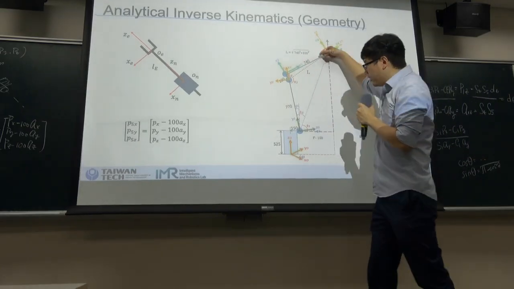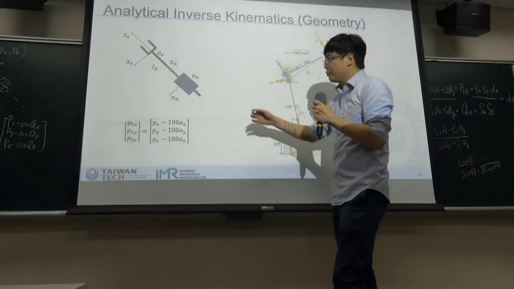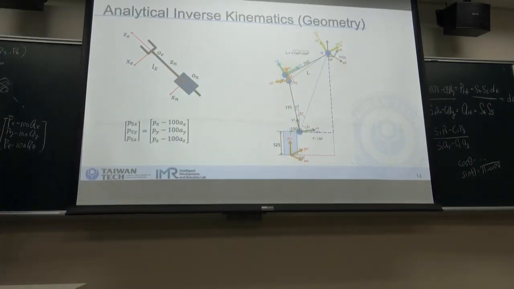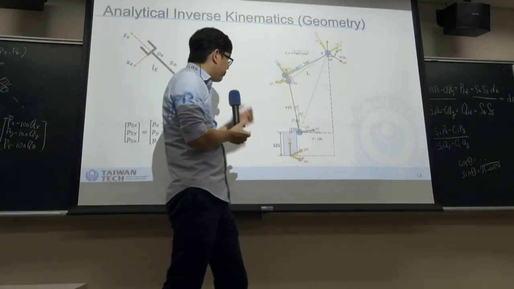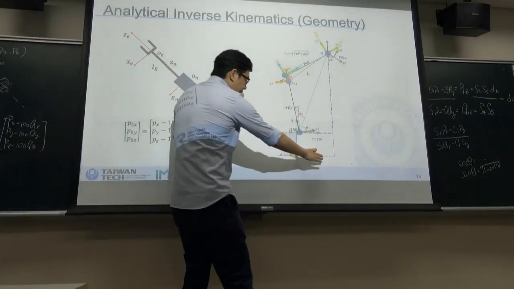And we need to project it onto our XY plane, because we know that our theta 1 is on the XY plane. If we project it down to our XY plane, then we can have the length.